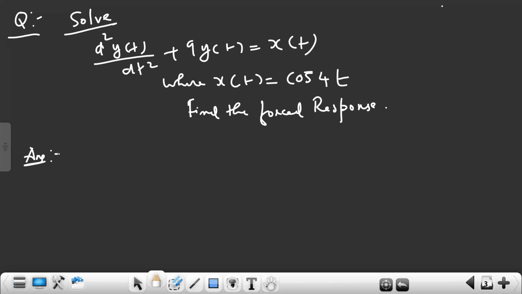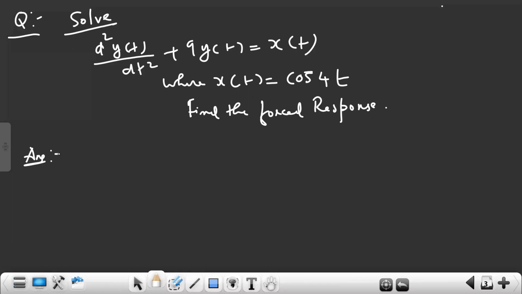Students, all of you write the characteristic equation. Rohit, tell me what is the characteristic equation for the given differential equation.